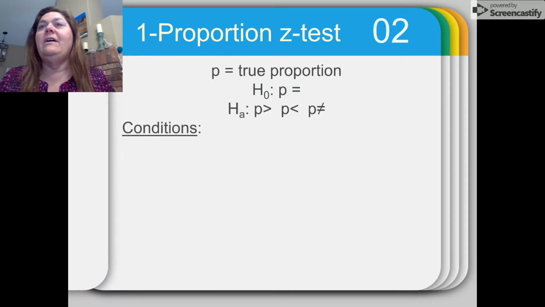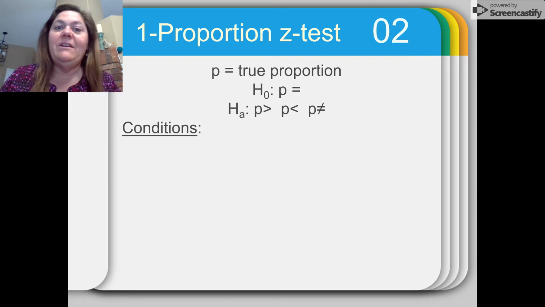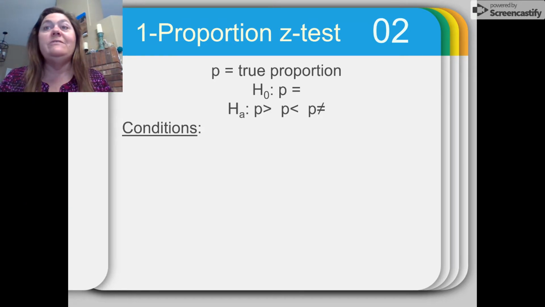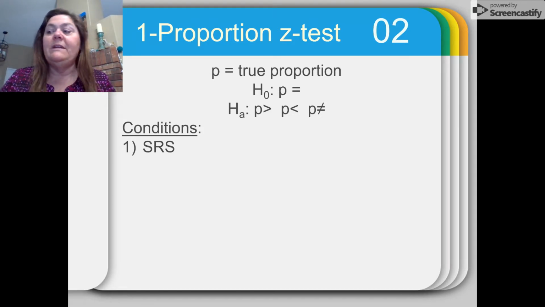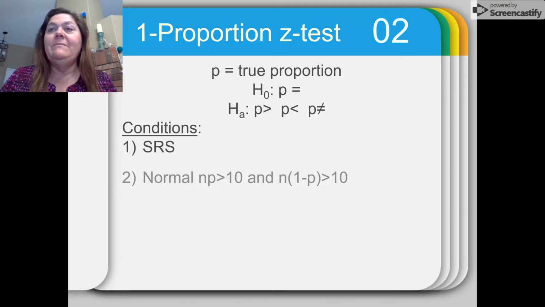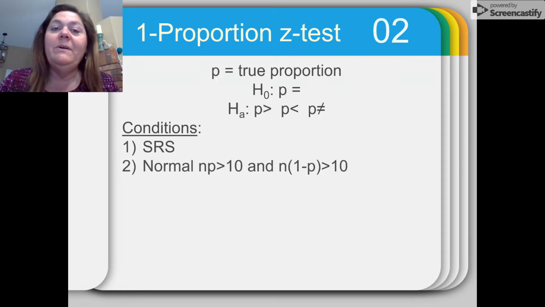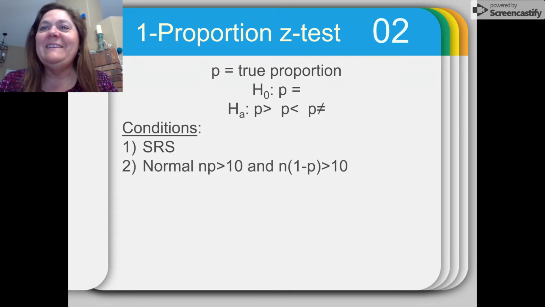Just like means, we've got to run our three conditions. And if you recall, these are the same conditions from the confidence interval. Of course, our most important condition is that it must be random. But now remember, and we keep hammering this, normal is not CLT for proportions. That's only for means.